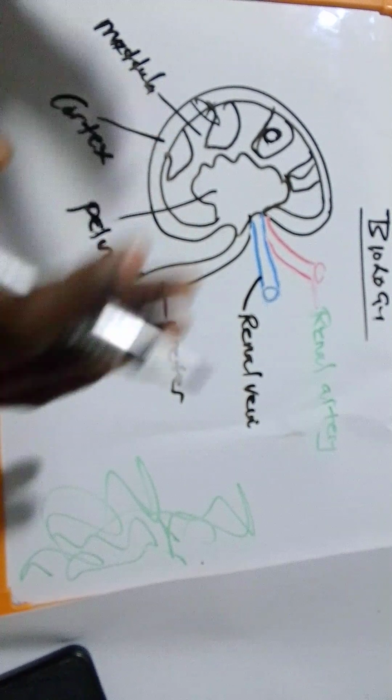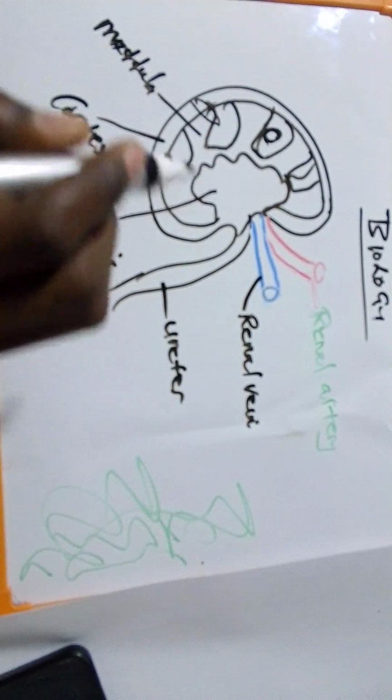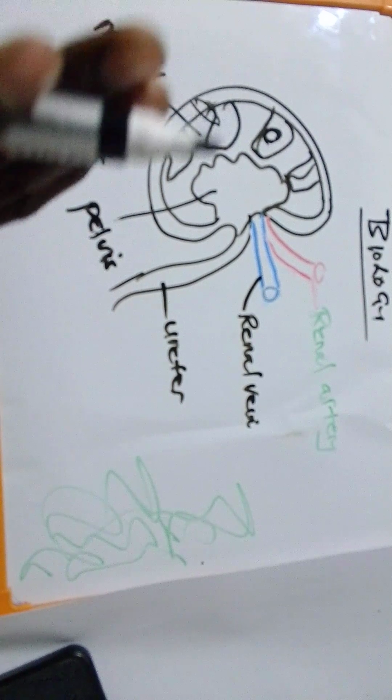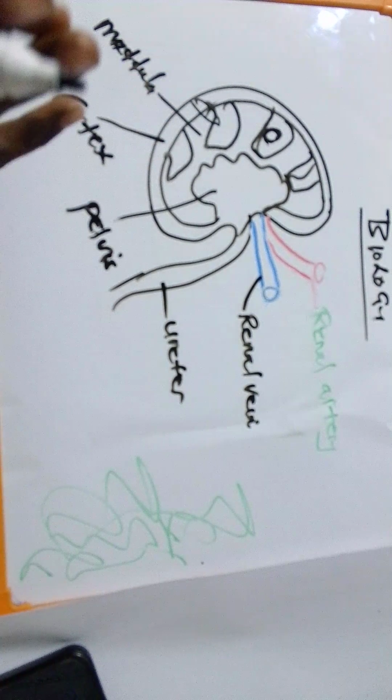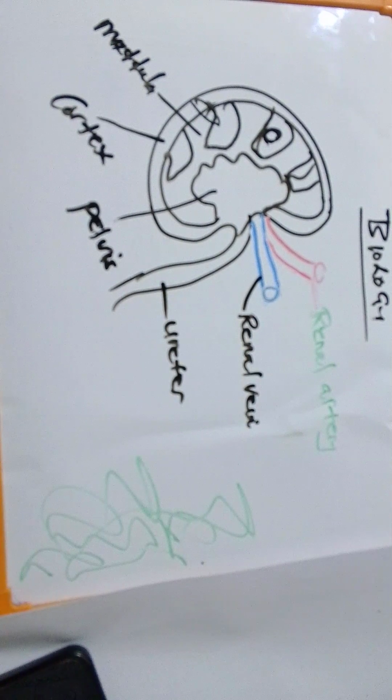So this is the structure of the kidney. Inside the kidney is the nephron. The nephron is the major part that will help us explain how excretion takes place in the kidney. We also need to understand the types of processes that take place in excretion.